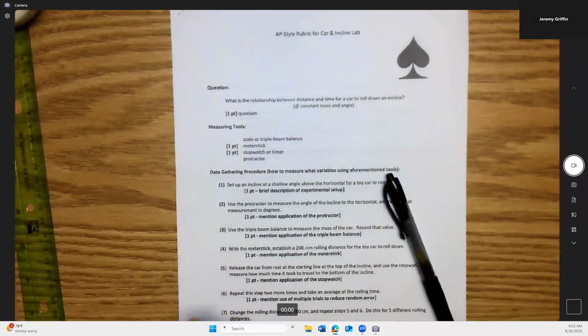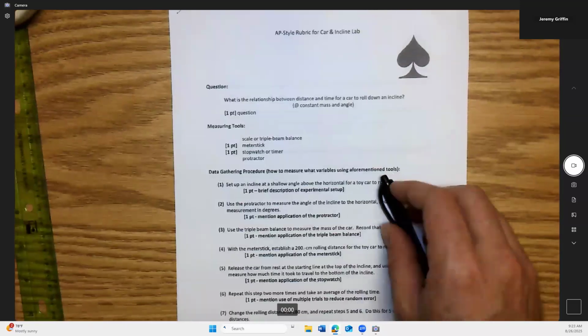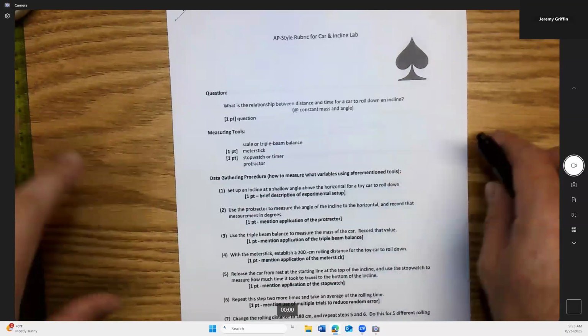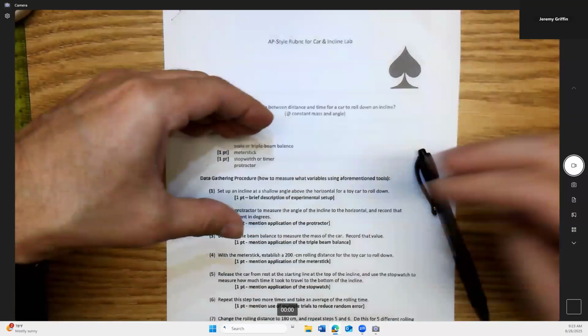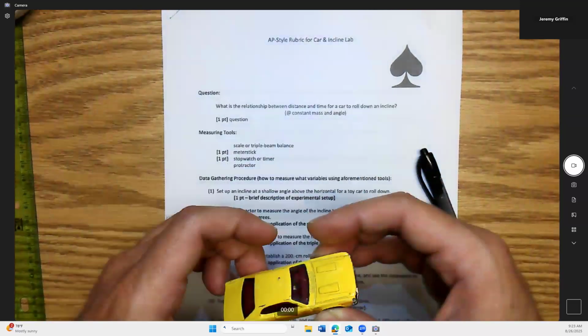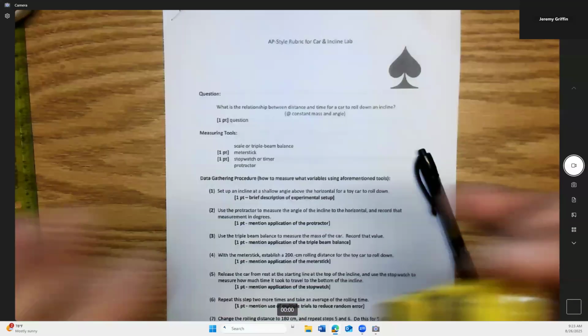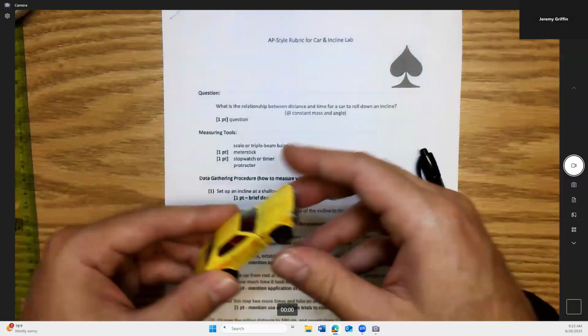I was looking for that speed gate. Guys, you know that little speed gate the car was going through? AP does not know what a speed gate is, so it's perfectly fine in this class. If you mention the speed gate, that is the tool you use, so you get credit for it if you measured the speed using the speed gate.